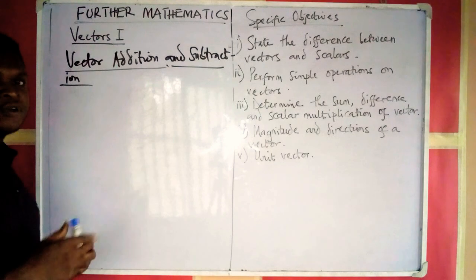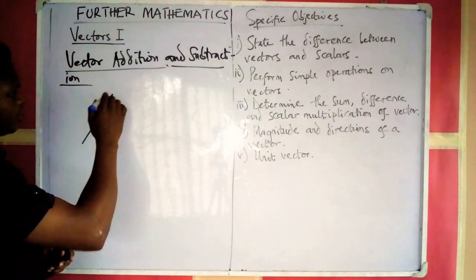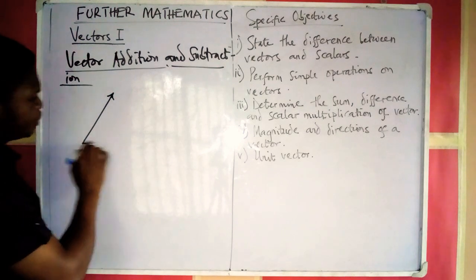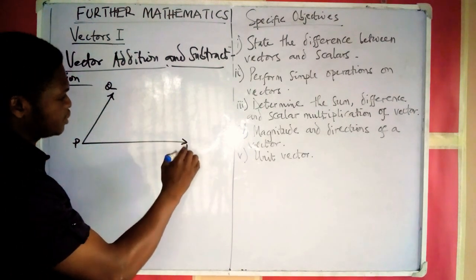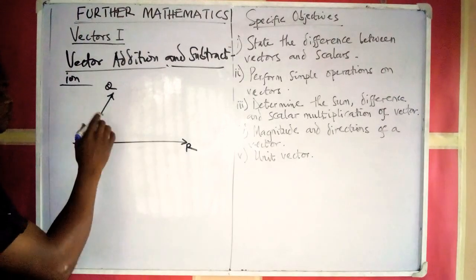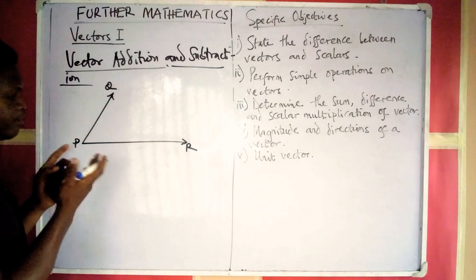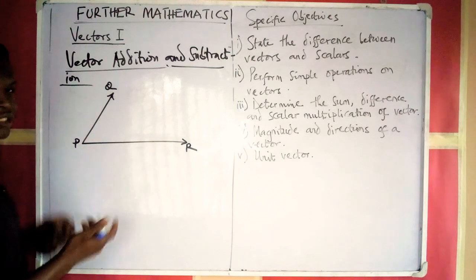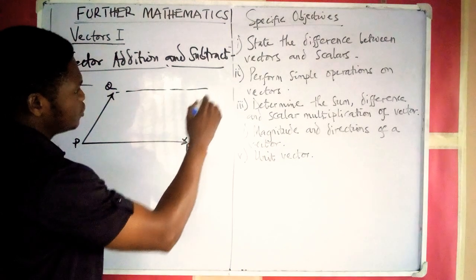So let's take an example now. We have two vectors, let's say PQ and PR. These are two vectors I want to add together. I can represent them as adjacent sides. Look at these two sides, they are adjacent to each other. So completing this diagram, I'm going to have this and this.